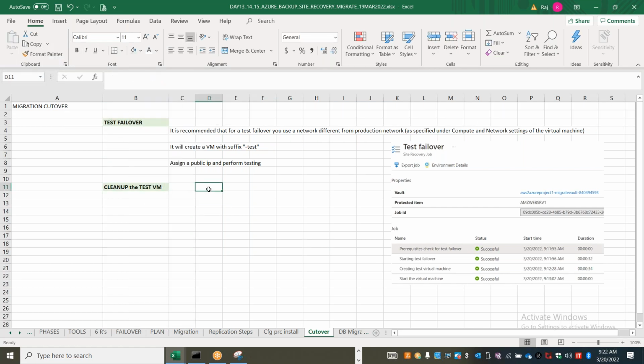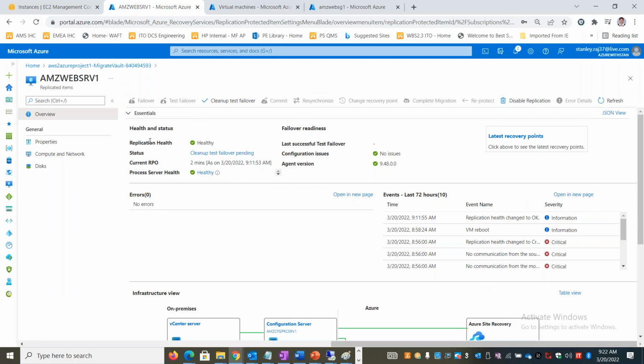Okay, it will go and stop and delete the test VM. Okay, once this cleanup is done, we will be ready for the actual failover. So this option will get enabled after the cleanup test failover is complete.